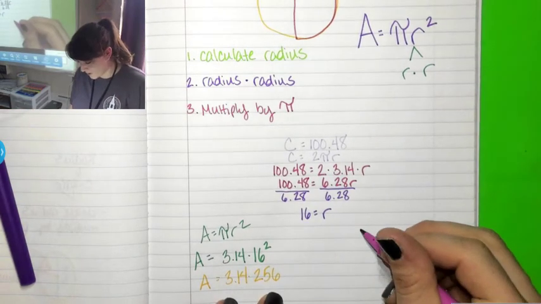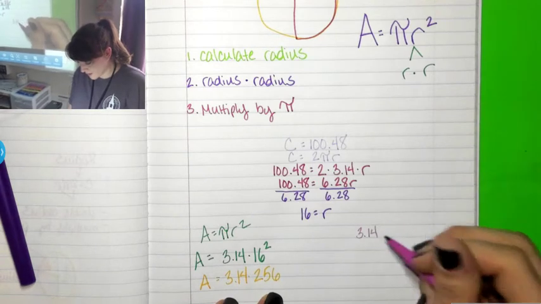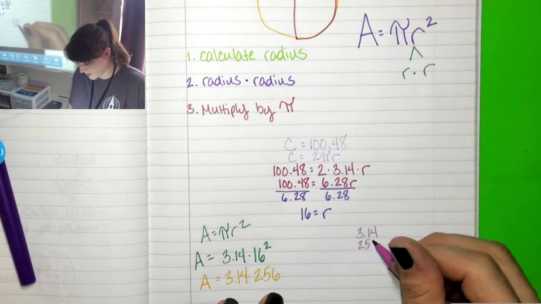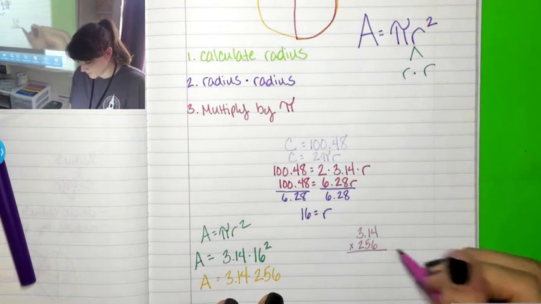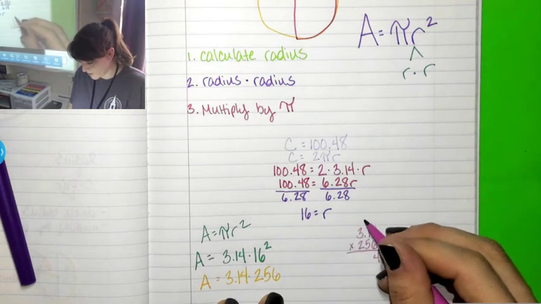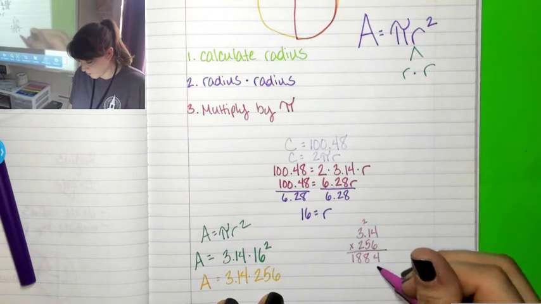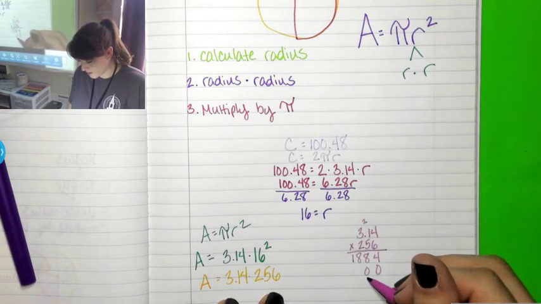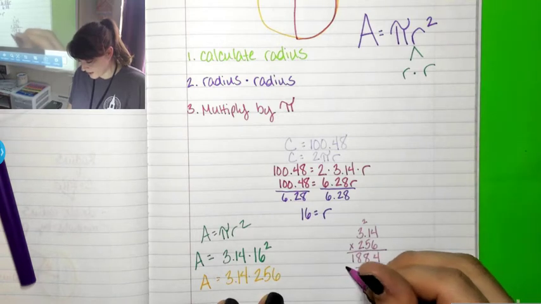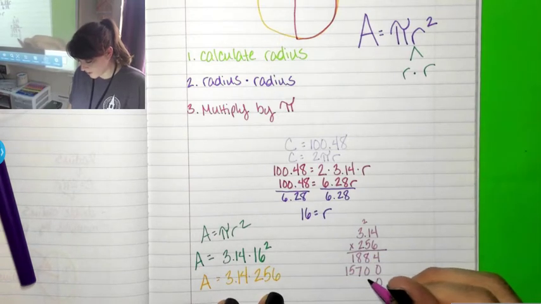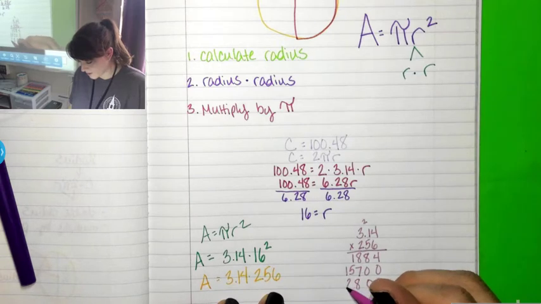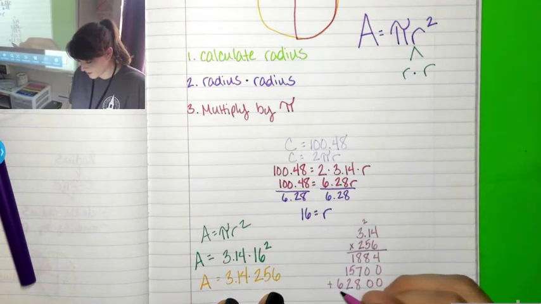So 3.14 times 256. 6 times 4 is 24. 6, 7, 8, 18. 1 0 on the second line. That's 20. 7, 15. 2 zeros on the third line. And then 8, 2, 6.